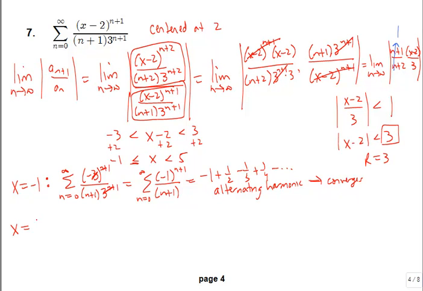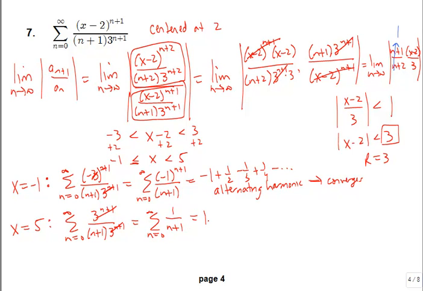Now let's look at x equals 5. So what does this sum become? 5 minus 2 is 3, so the numerator is just 3 to the n plus 1 over n plus 1 times 3 to the n plus 1. And this time these cancel out exactly, and there's no negative left over. So this is just 1 over n plus 1. And that is just a version of the regular harmonic series.